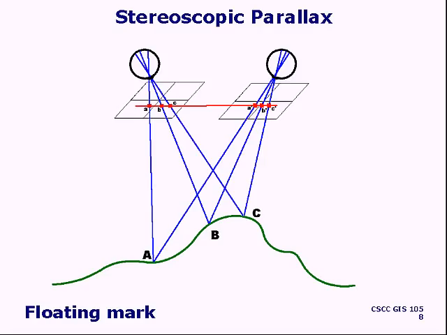And the closer I come, the closer they get together, because that parallactic angle is changing. If I can introduce something like that into the measurement system, into this three-dimensional viewing system, then those dots, in essence, are measuring the parallax as they measure the parallactic angle. So that's the idea of the floating mark.